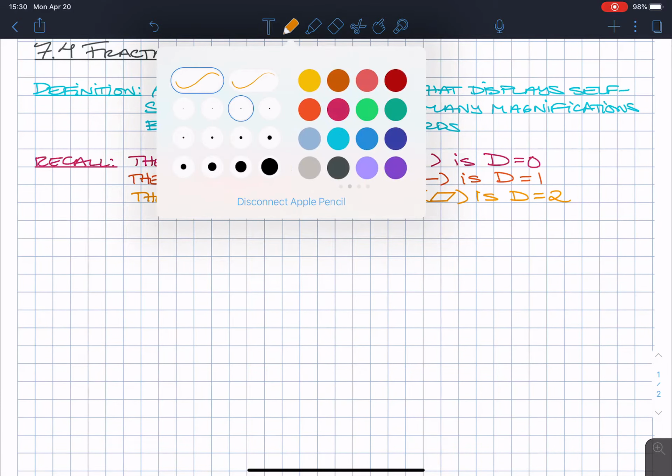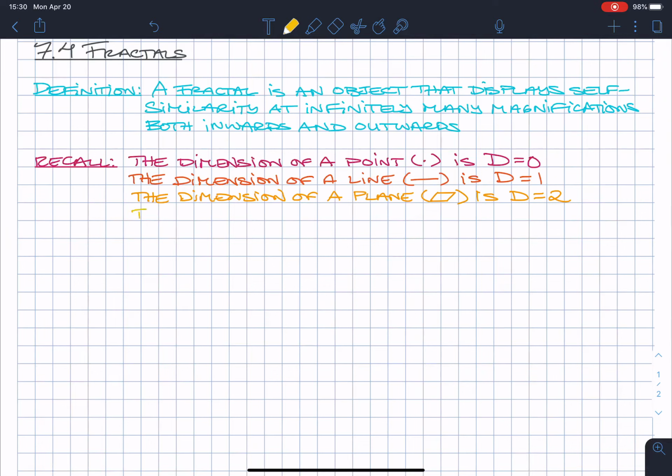And finally, the dimension of a solid, like a box, is 3. So it's now in 3 dimensions.